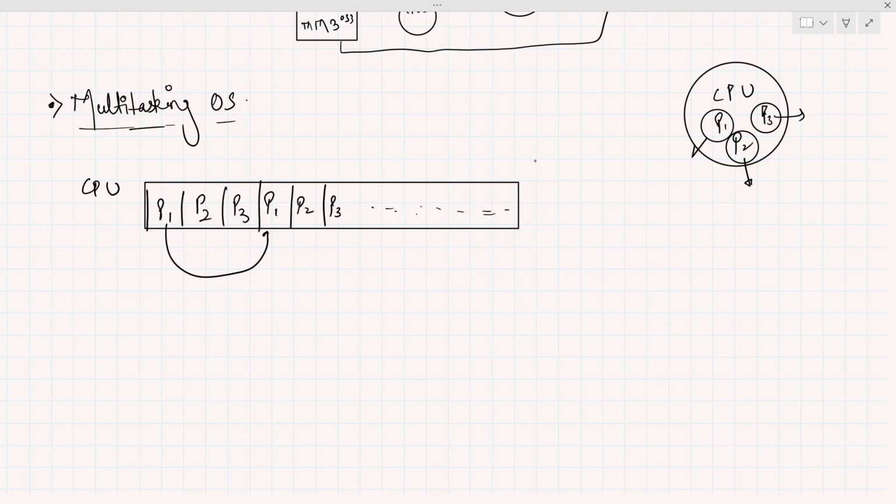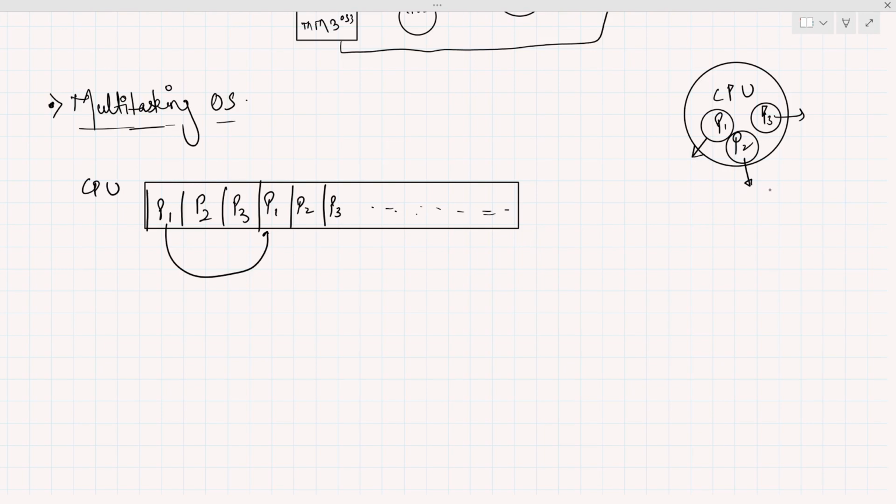And if your system is not capable of doing that, when you are using so many programs and processes, your system basically hangs. It's not able to work properly. So what a multitasking operating system does is it tasks different processes at a time.